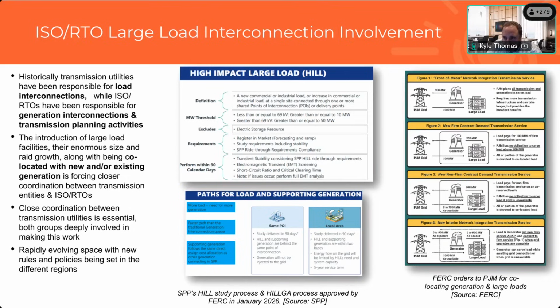So this is front of meter network integration transmission service, new firm contract demand for transmission service, the flexible arrangements, if you will, that non-firm contract demand, and then this new interim network integration transmission service. We'll see how those continue to get evolved, updated, and processed, and it just further makes the complex arrangement of these facilities accommodated by our different regions across the country.